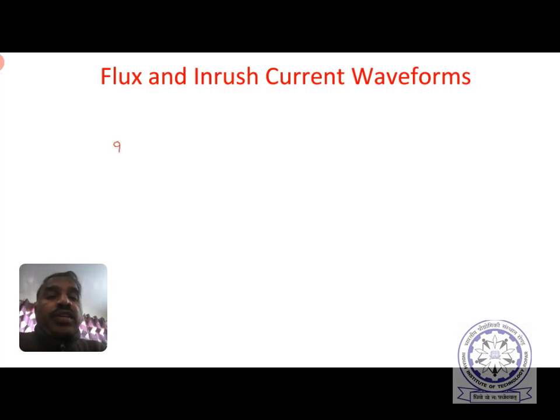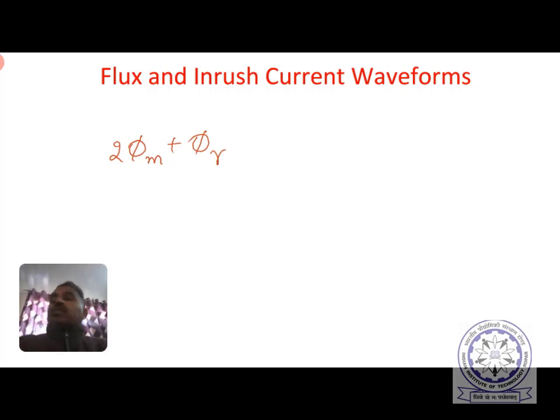We have seen 2 phi m plus phi r is the maximum flux. Empirically this is in the order of 1.6 to 1.8 times the maximum flux, of course, but the highest maximum possible is 2 times phi m plus phi r.